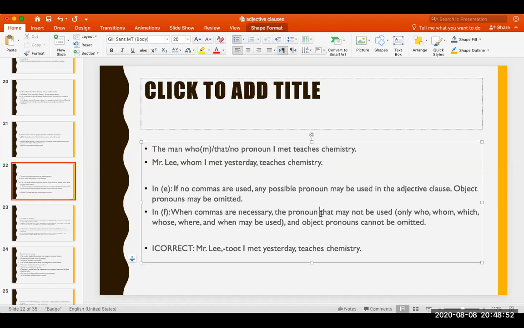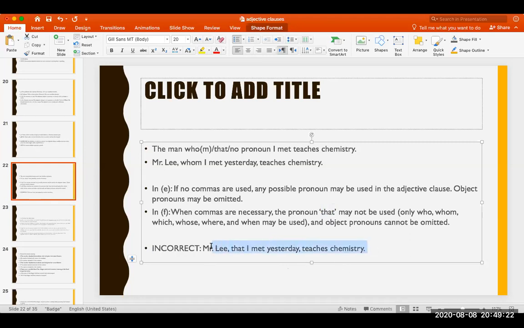And the pronoun that, I should have done this before, in English, to distinguish between the word itself, as in the dictionary, and as part of speech, is to use it between inverted commas. So the pronoun 'that' may not be used. So this sentence is incorrect: Mr. Lee, that I met yesterday, teaches chemistry.